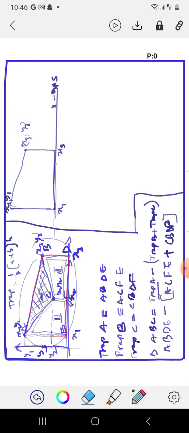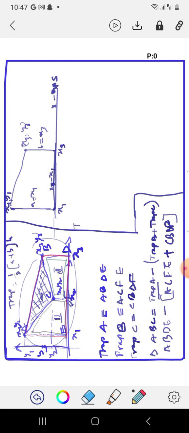The distance from here to here is x1, so A is x1 and B is of course x3, and the distance here is going to be x3 minus x1.